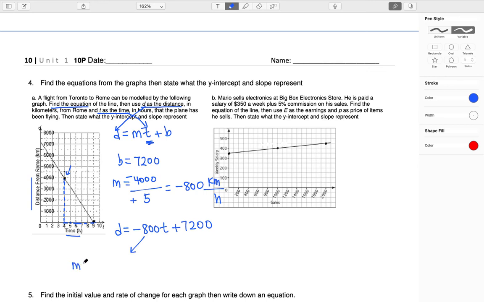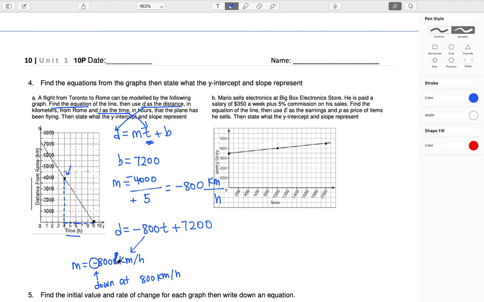So m represents negative 800 kilometers per hour. So it's going down. This negative represents that it's decreasing at 800 kilometers per hour.